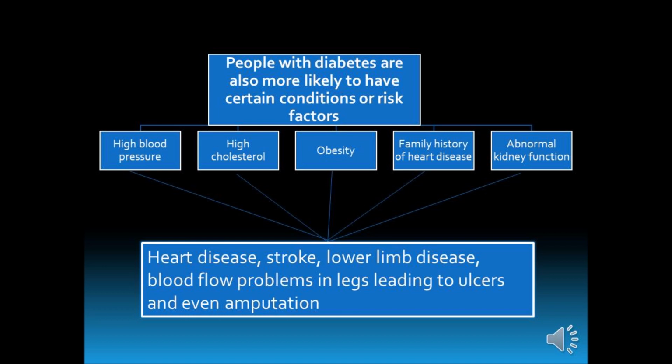And they all can lead to heart disease, stroke, lower limb disease, leading to blood flow problems in legs, leading to even ulcers and even amputation. So don't you think it's a double impact? Diabetes and hyperglycemia being risk factors for heart disease, stroke, and lower limb disease, and people with diabetes can also have risk factors leading to similar problems.